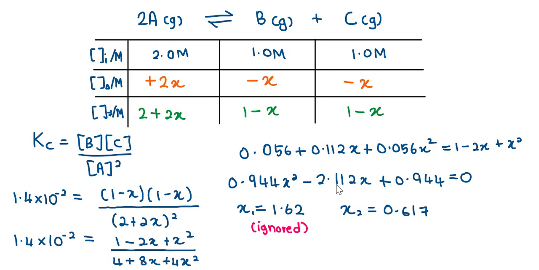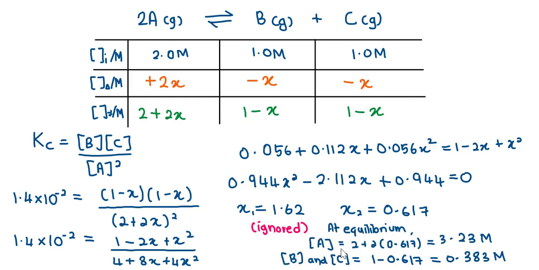Just ignore it, and the other one is the value of our x. So substitute the value of x into the concentrations at equilibrium, and we will get the concentration of A is 3.23 molar and the concentration of B and C is 0.383 molar.